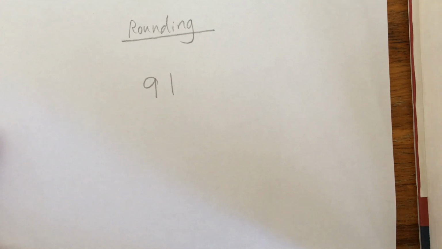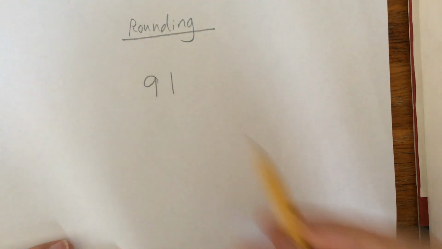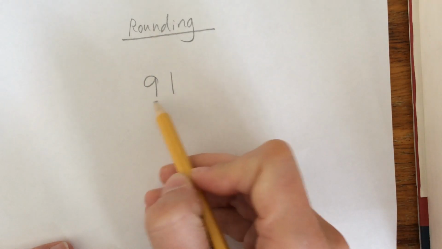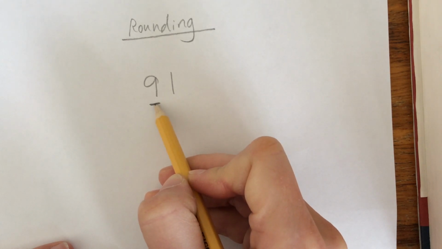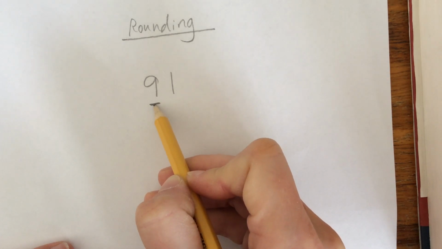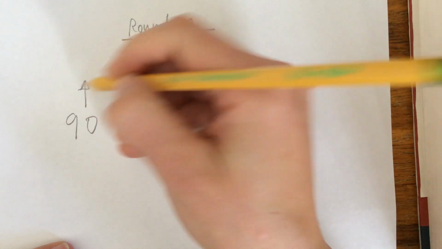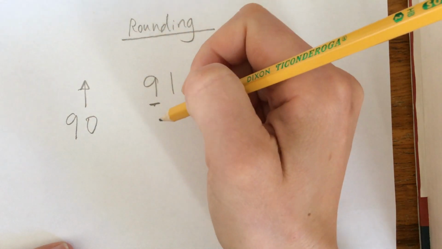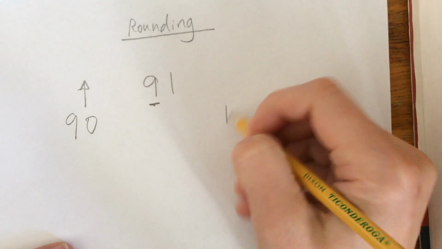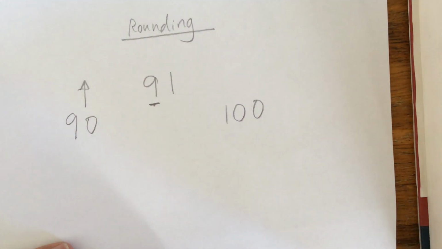Hopefully you're back now. And this is how I've taught my students how to round. If you do it differently with your teacher, go ahead. But I usually just identify the tens first. And I see, okay, well, this is 90. And then I ask my students, well, what is 10 up from 90? 90 plus 10 is 100.